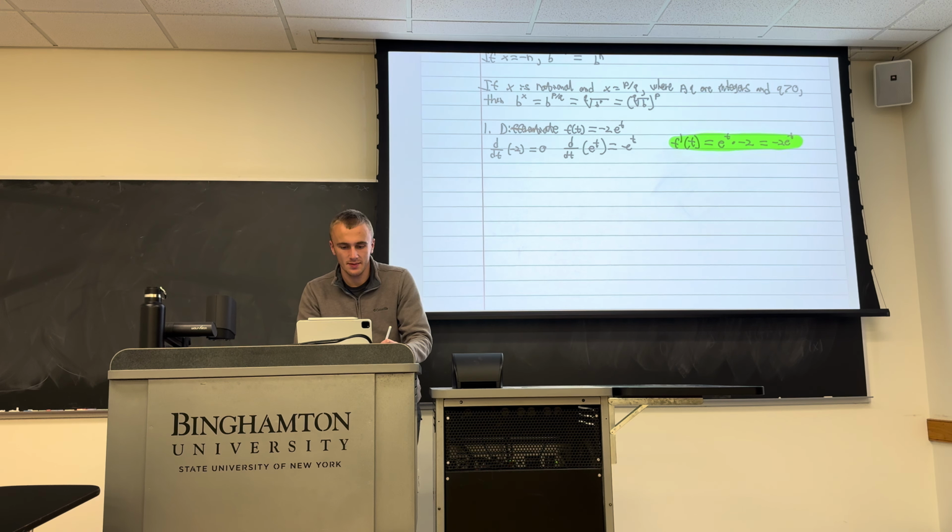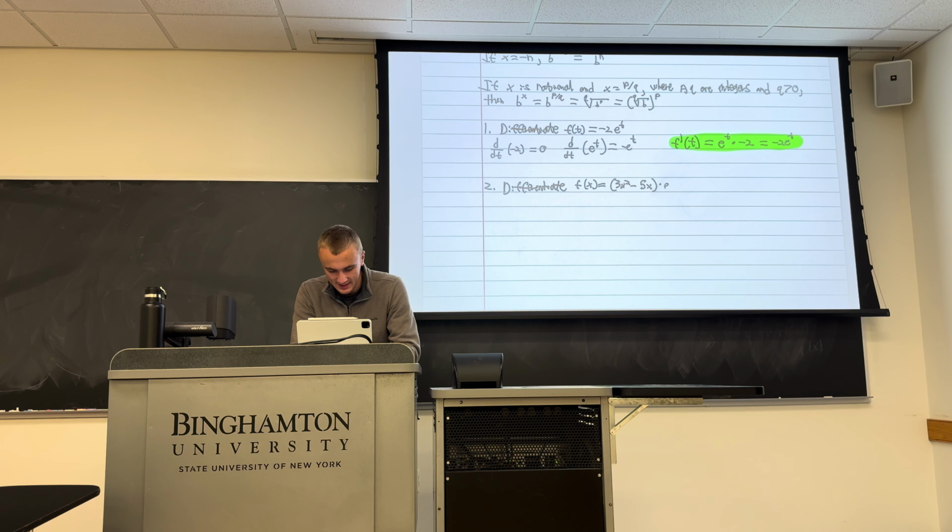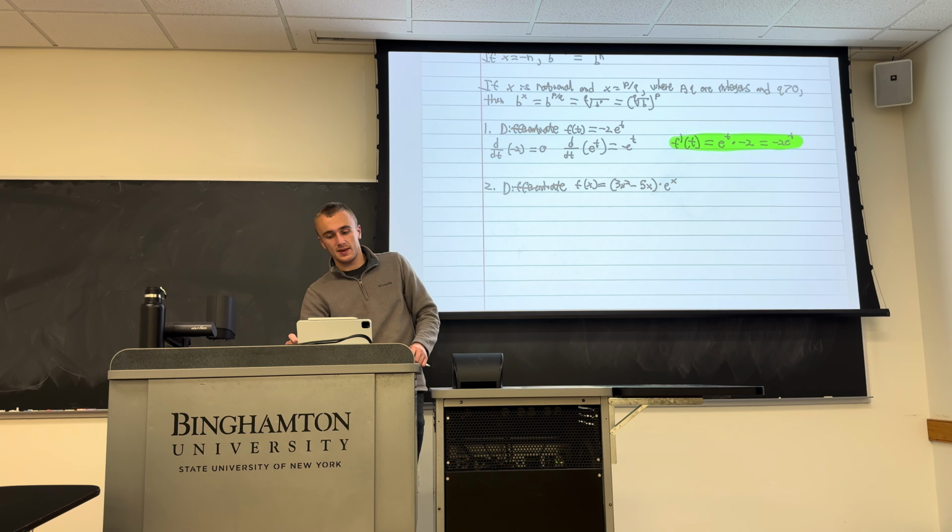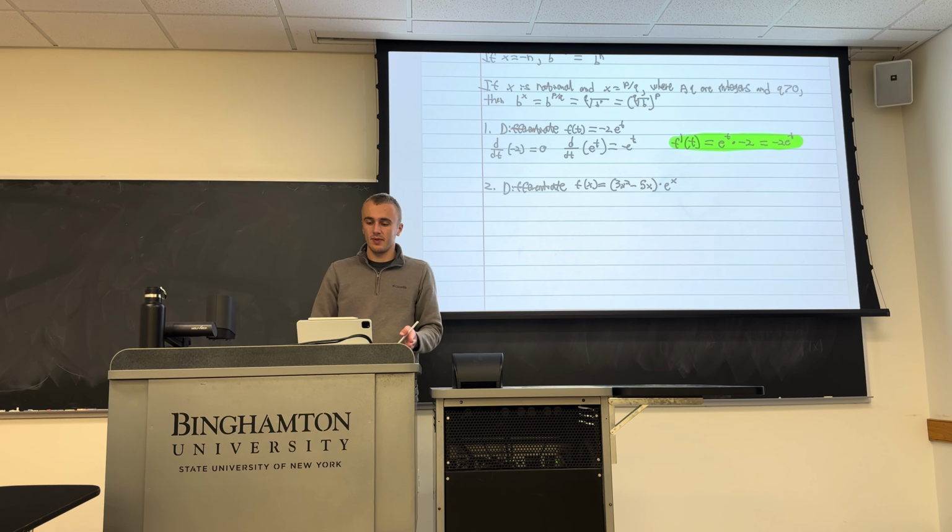All right, for this next example, we're going to look at something a little bit more complicated, with the same instructions of differentiating. This time it's going to be f of x equals 3x squared minus 5x times e to the x. Well, this is another product rule type of problem, except there's a little bit more going on.